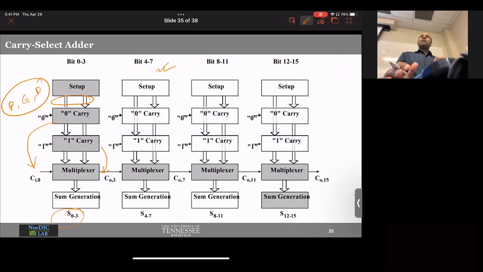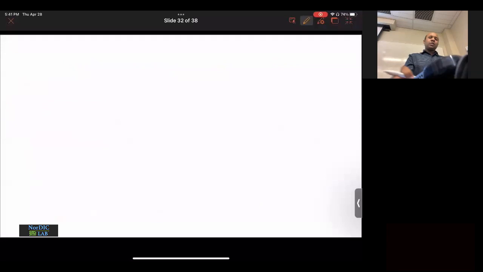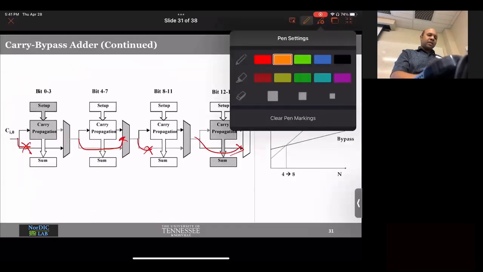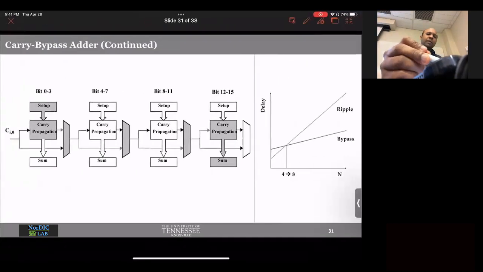Okay, so that's the carry select adder, which selects the carry, whether to select 0 or to select 1. And it may not be possible, by the way. Remember, similar to the problem that you had here, you may be able to bypass, but there is a possibility that you wouldn't be able to bypass. Remember, depending on how the logic turns out, you can either bypass or you have to go through the chain.